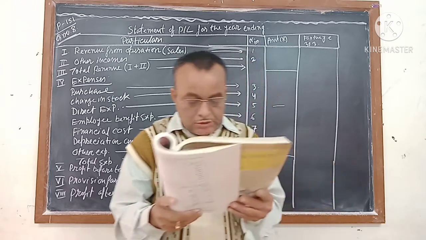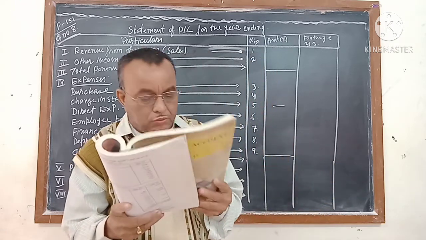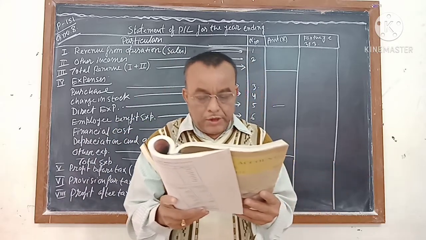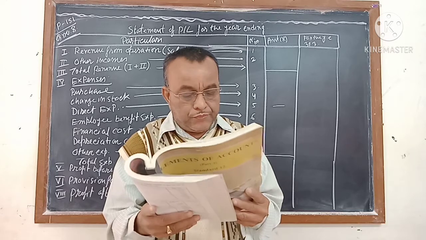First you have to read how many items there are, total 14. Where all these 14 will go, that you have to remember.